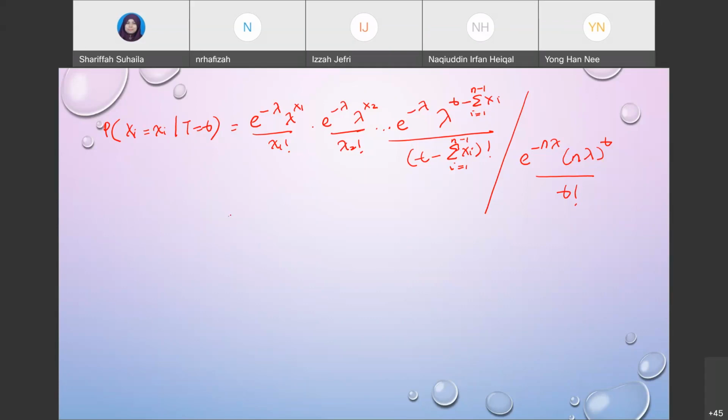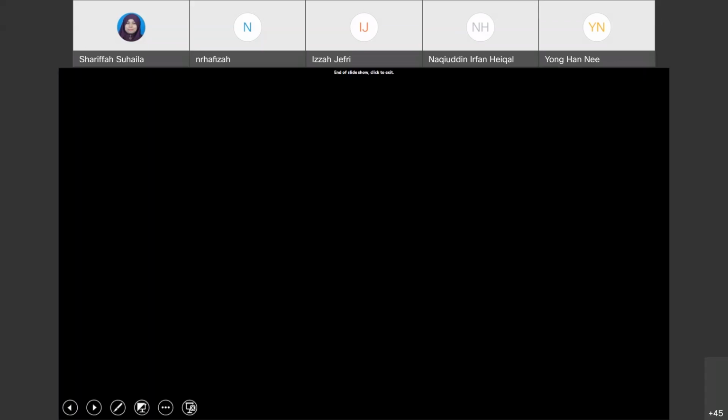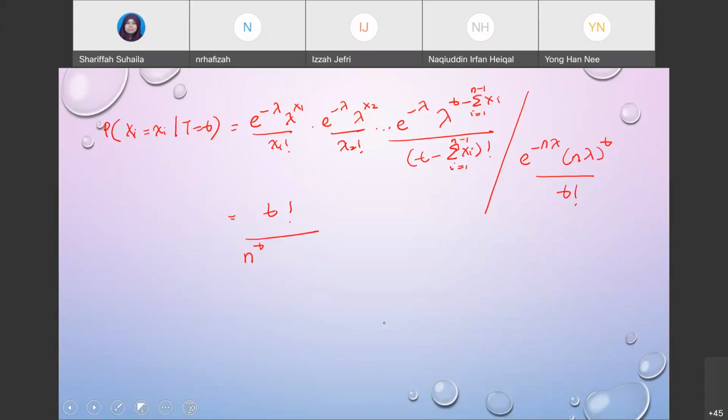So kita ada, okay, cuba kamu simplify kan. Cek dengan jawapan saya, kita ada t factorial. Okay, and then you have n to the power t, okay, n to the power t, and then product i equals to 1 up to n.